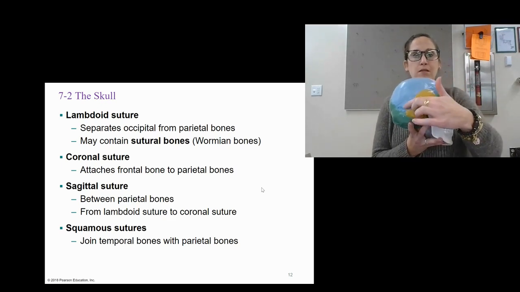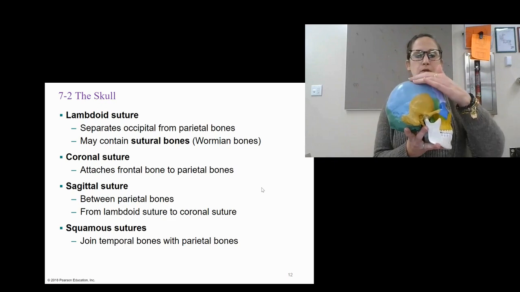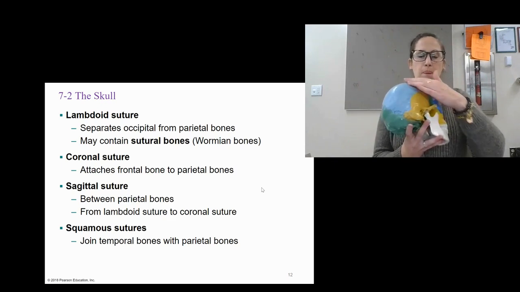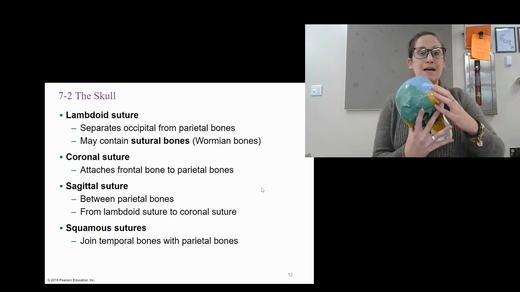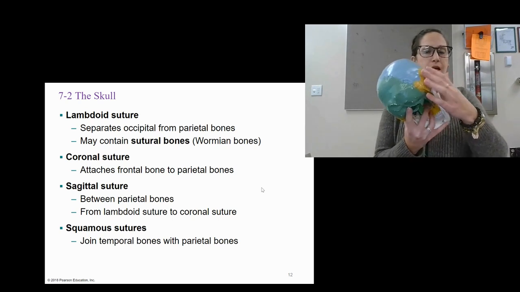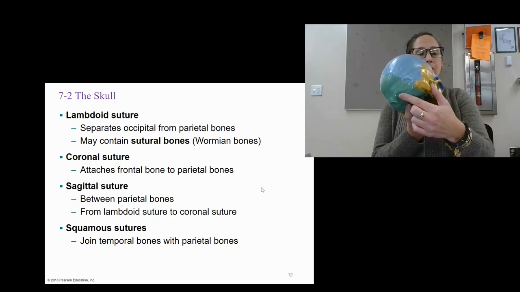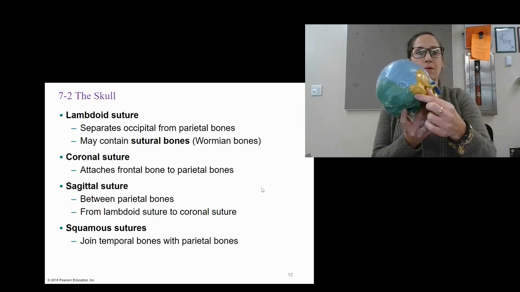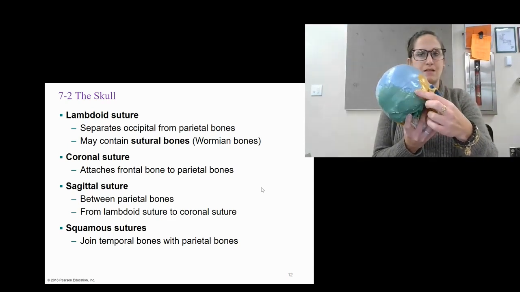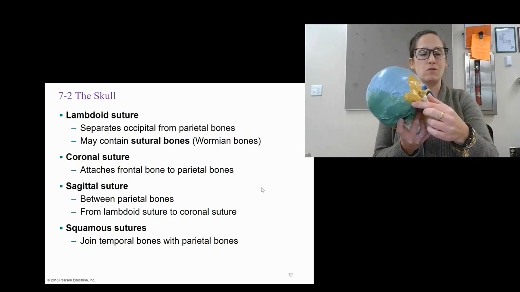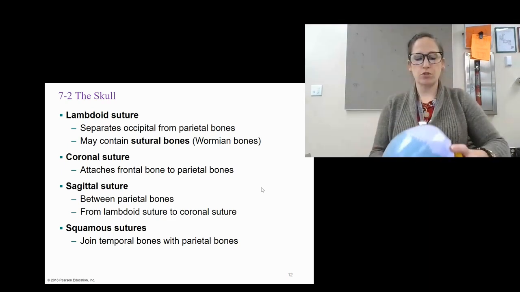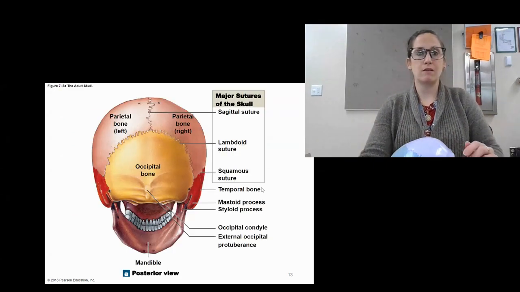You have your squamous suture that's connecting your temporal to your parietal. And then in the back, this is your 5th one, not mentioned on the slide, connecting your occipital bone to your temporal bone. That is called the occipital mastoid suture, and that is listed on your bones list for axial skeleton.